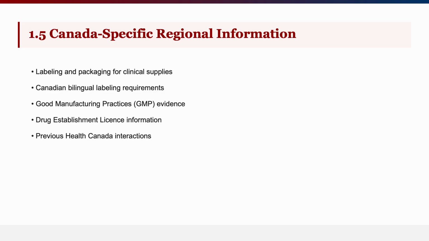If any drug establishment license holders are involved in manufacturing, packaging, labeling, or importing the clinical trial materials, their DL information should be provided. If you've had previous interactions with Health Canada regarding this drug or development program, such as pre-CTA meetings or previous submissions, reference those interactions here. This provides context for reviewers and demonstrates engagement with the regulatory process.